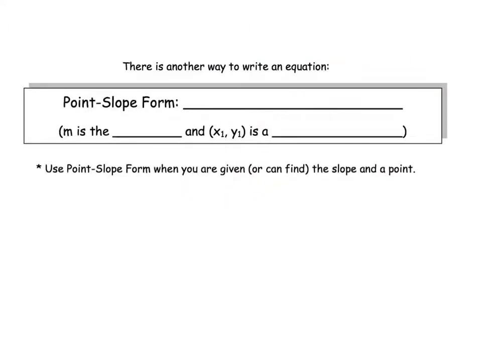However, there is another way to write an equation. And in order to write this equation, we're going to use a new form called point-slope form. And that form is y minus y1 is equal to m times x minus x1, where m is still the slope, and (x1, y1) is a coordinate point.